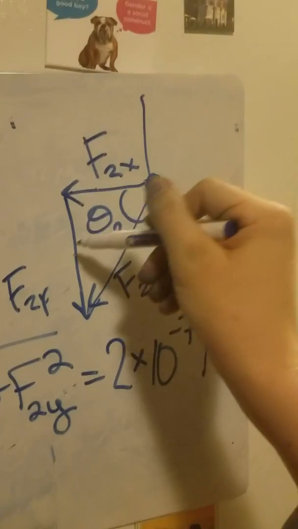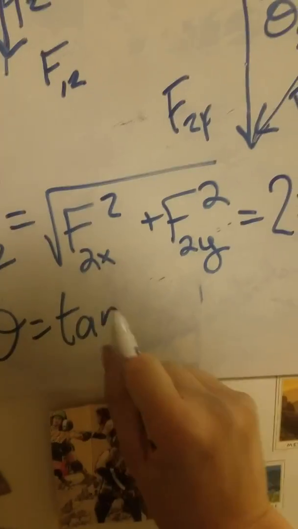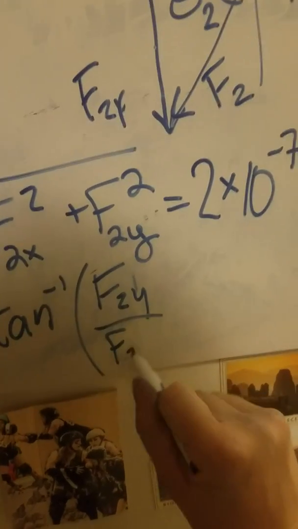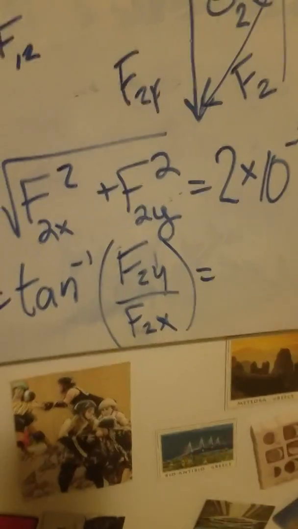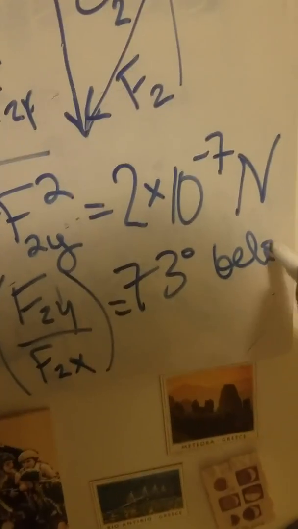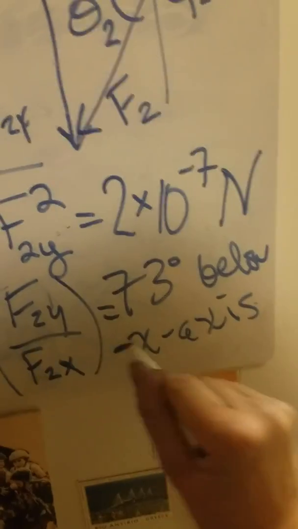Tangent is opposite over adjacent. We're going to get theta is the inverse tangent of F2y over F2x. And that's going to give us an angle of about 73 degrees below the x-axis, the negative x-axis, right? Because it's over here on the left.